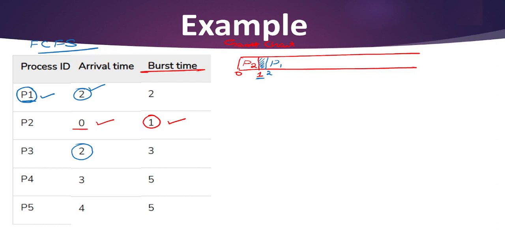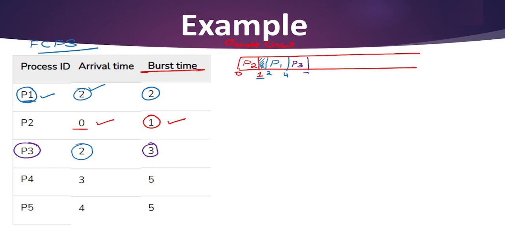Okay. So process P1 wants the CPU just for 2 seconds. So 2 plus 2 means till 4 seconds process P1 is using the CPU. After that we will provide the resource to process P3. So here we have P3 and P3 wants the resource for 3 seconds.